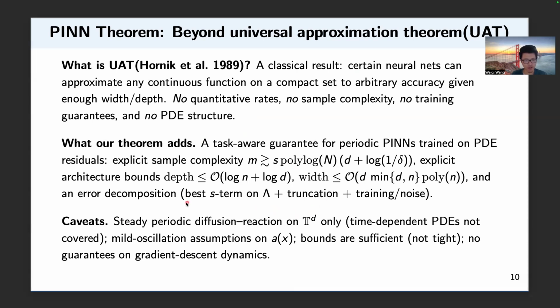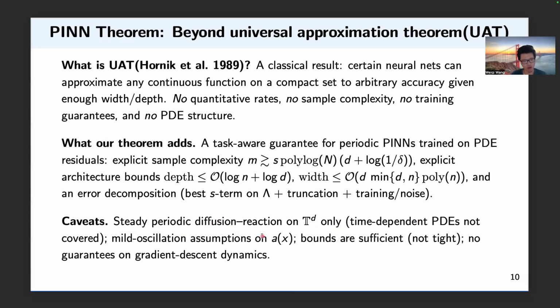Here are the caveats we have in our theorem. First, we work on a toy problem for sure. It covers a steady periodic diffusion-reaction equation on a d-dimensional torus only. We did not consider time-dependent PDEs, and only mild oscillation in the coefficient.